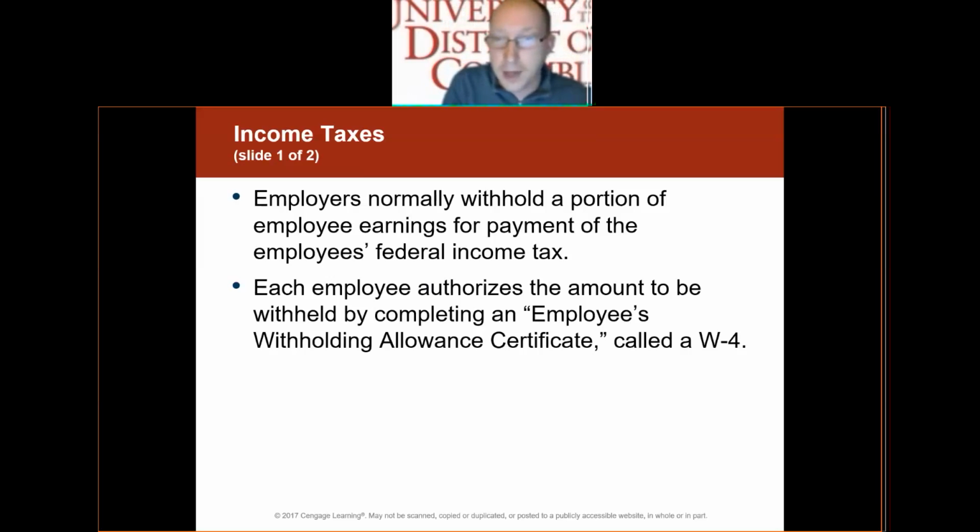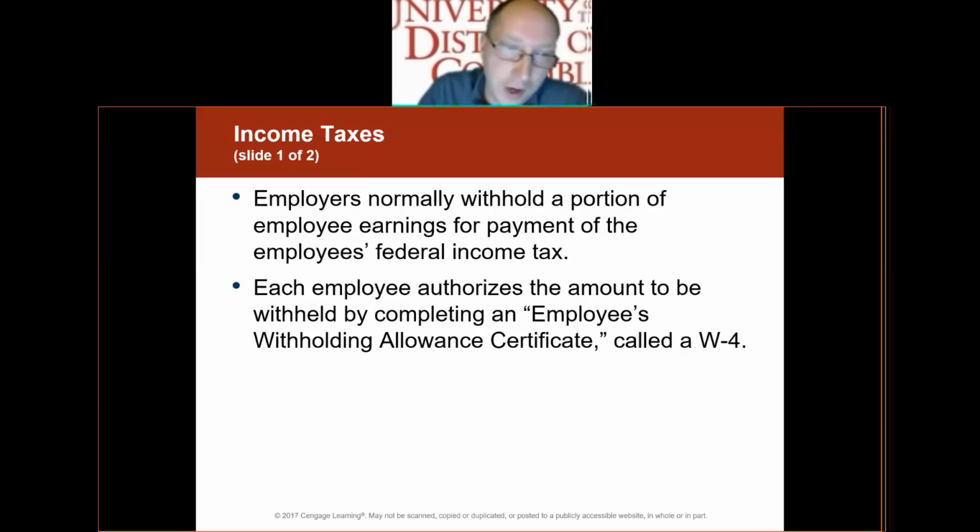We call that matching. The employer has to match pretty much all the taxes that go out of the business. The reason being is because the employer has to cover unemployment insurance, state and local taxes, all that good stuff, right?